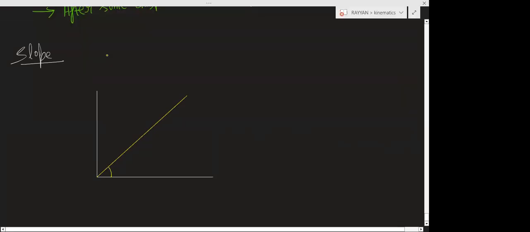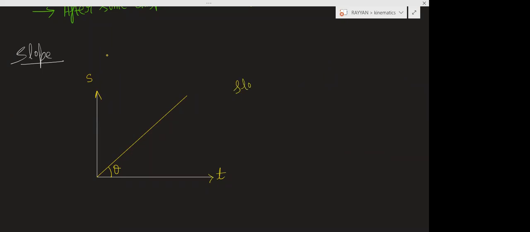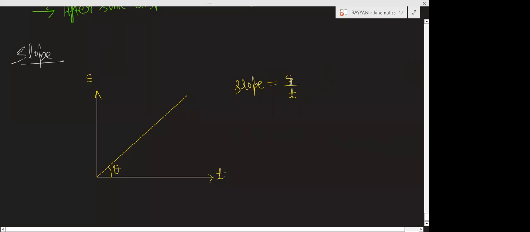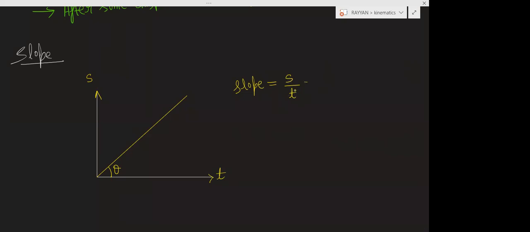If this angle is theta, then slope of, suppose this is the displacement time graph I am taking. So slope is equal to s divided by t. What is displacement divided by time? Displacement divided by time is velocity. And this slope is also equal to tan theta.